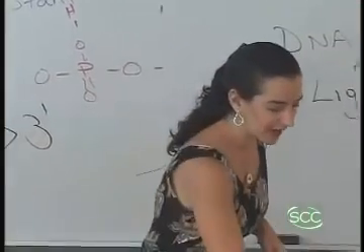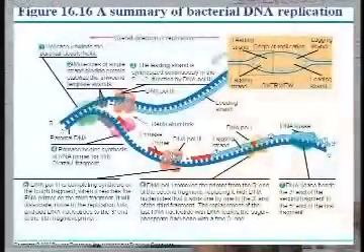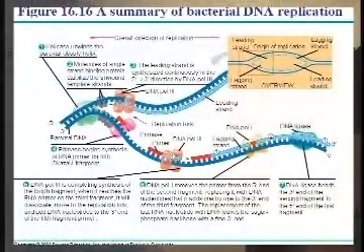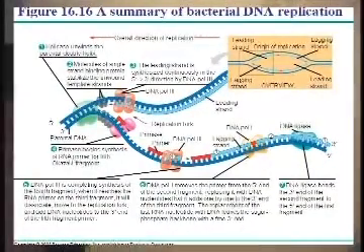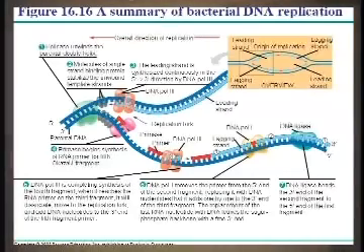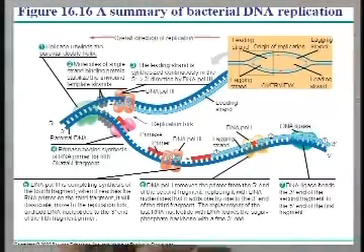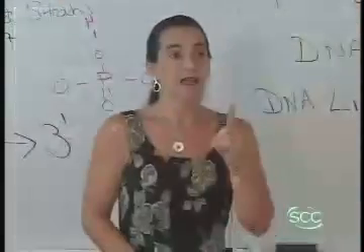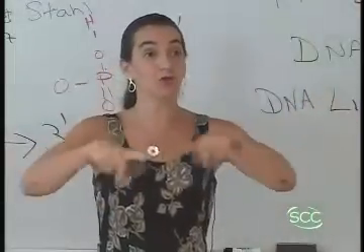So, if we look at it all together, you can see here we've got this origin of replication, where it bubbles. At the origin of replication, the DNA is going to travel in both directions.